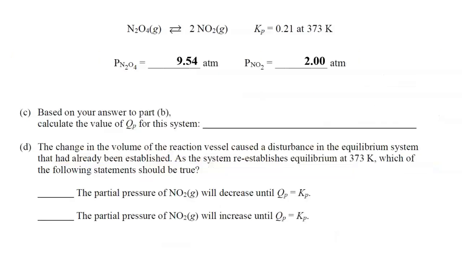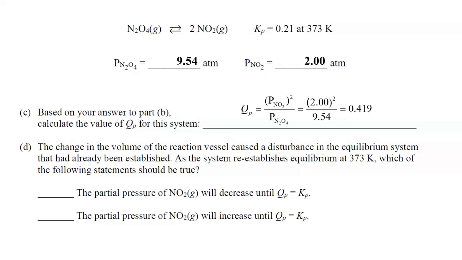Let's go ahead and calculate the value of Qp for this system at the moment that the stress or the disturbance occurs. So it's going to be pressure of NO2 squared divided by pressure of N2O4. So the math you're doing is 2 squared divided by 9.54. And 2 squared divided by 9.54 is equal to 0.419.